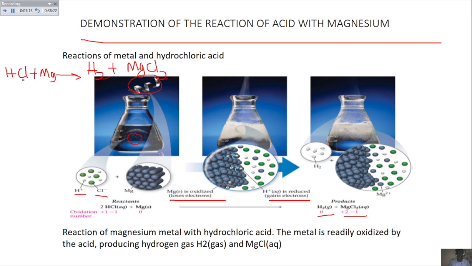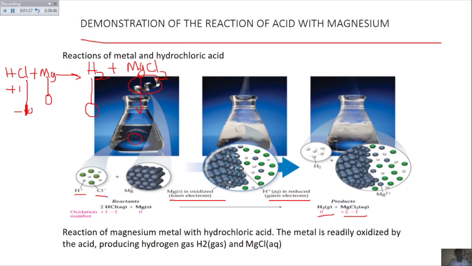The oxidation number of chlorine here is -1, and on the other side the chlorine is -1 as well. This one is 0. Oxidation number of any substance in a free state is always 0. What happened to magnesium? It has become +2.